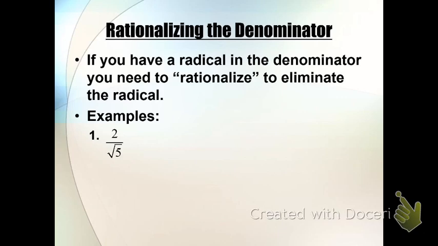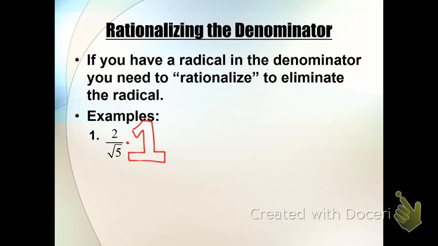5 does not have a nice square root, and I can't simplify that. So what I'm going to do is multiply by some fancy version of 1. When I multiply by 1, I'm not changing the value of anything. Any number times 1 is itself. But I can write 1 in more than one way. I could write 1 as 2 over 2 or 4 over 4.